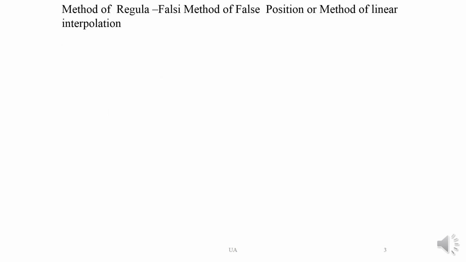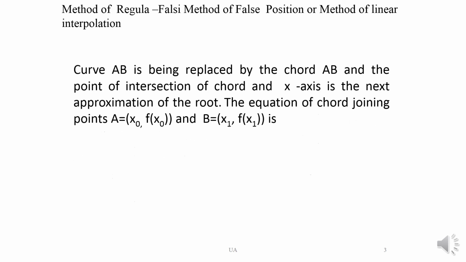Now we see the mathematical representation of the formula. What we did, we took the curve and the curve AB is replaced by the chord AB, and the point of intersection of the chord and the x-axis is the next approximation of the root.